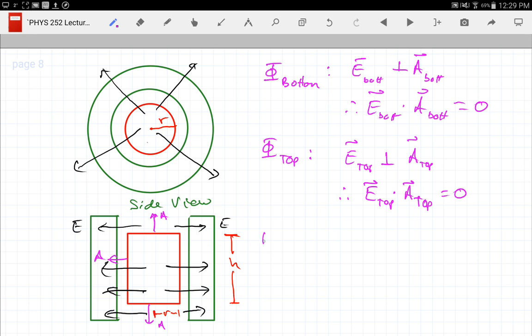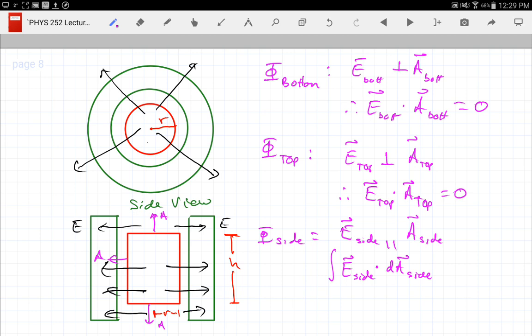So that leaves us our third flux, the flux on the side. How does the electric field on the side relate to the area on the side? They're parallel. So in that case, integral of E side dot dA side.